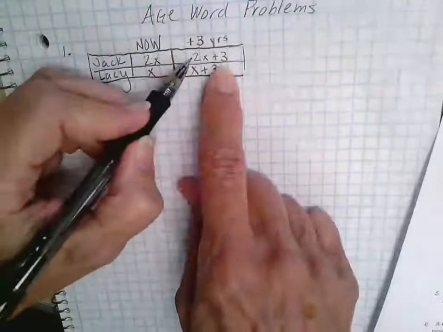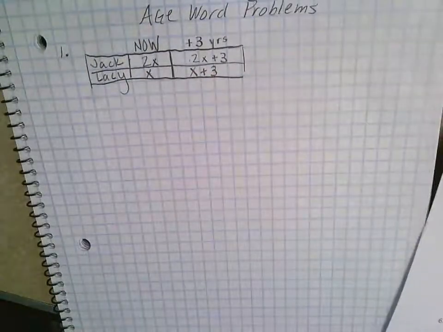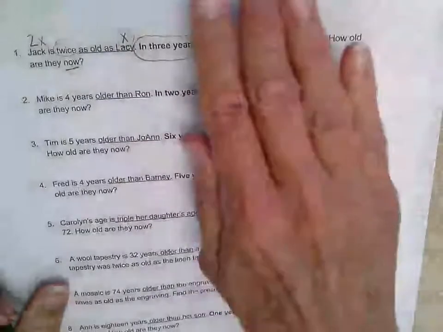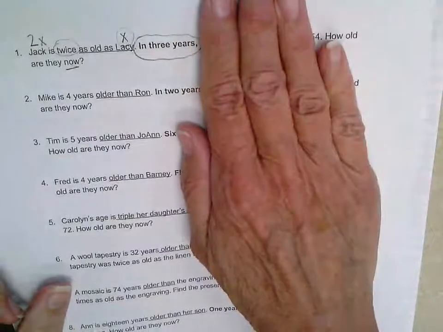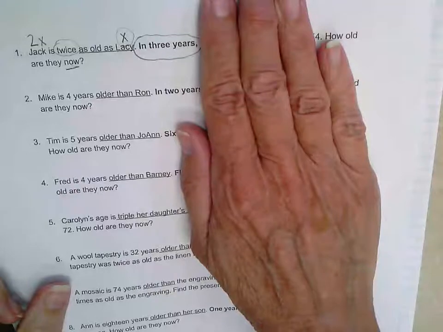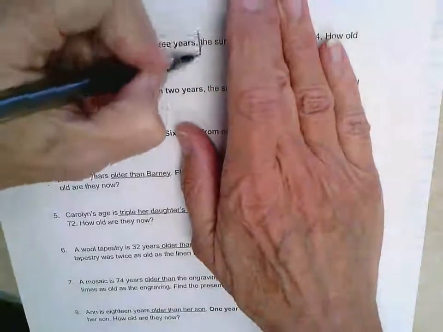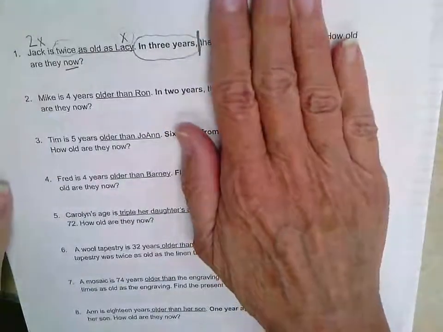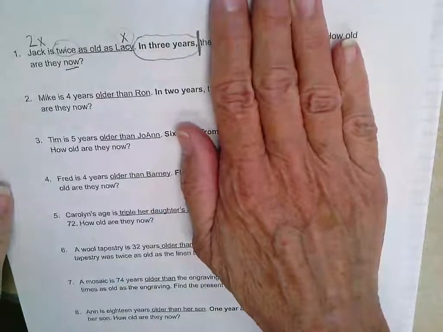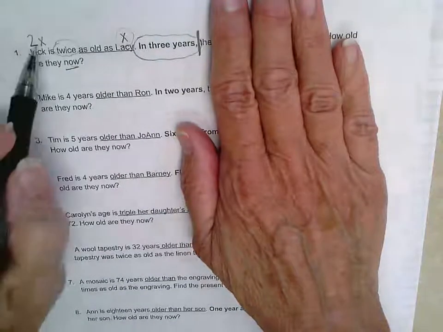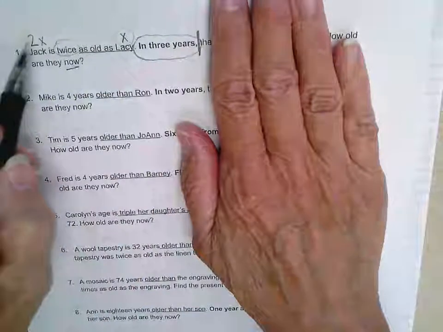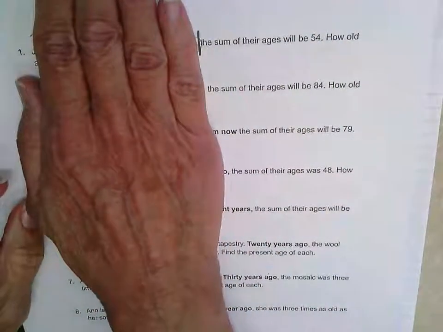So I'm going to fill in this part of my box, my organizer, before I worry about the rest of it. Oftentimes I have the kids draw a little line there to say stop. Stop when you get to that line. Do this part of the problem first, and then after you have that done, look at what it's telling us.